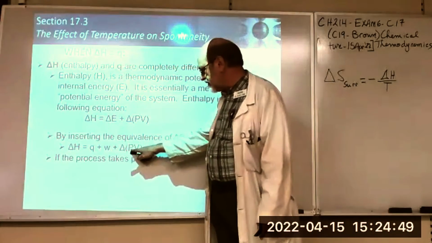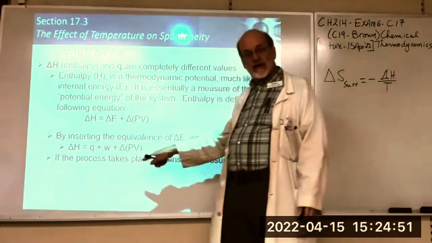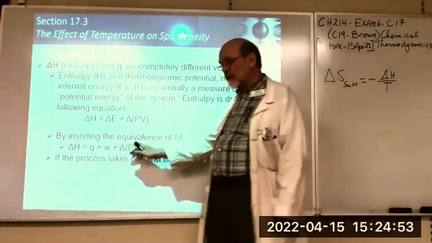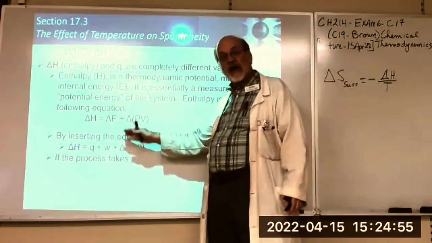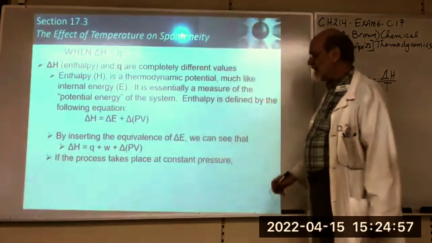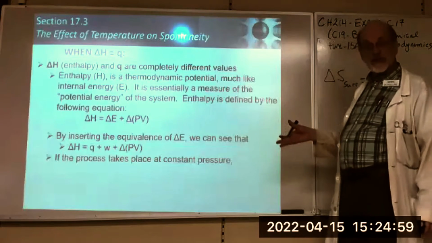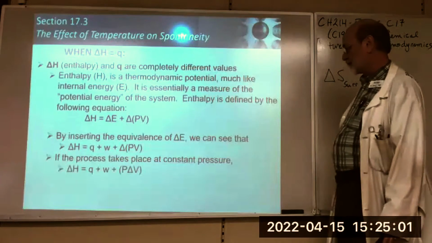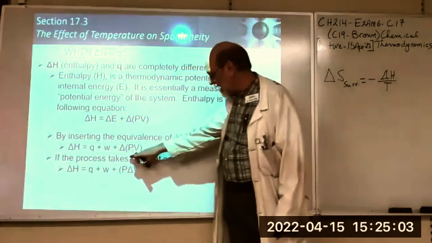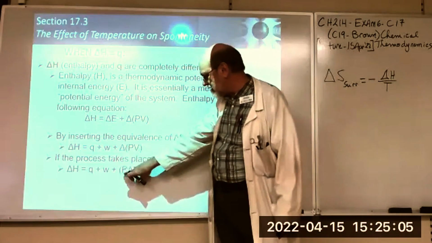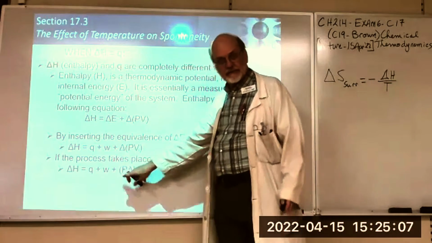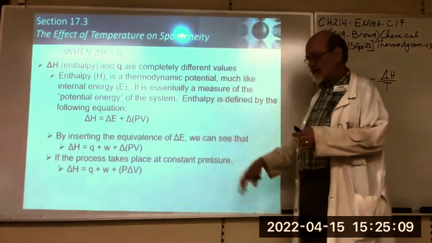That means this factor, this P, doesn't change. That means we can pull it outside, and now only the volume changes. The P is constant, the volume is allowed to change. Okay, so here we've done that. We just pull this P outside. It's constant now. Doesn't change during the process.